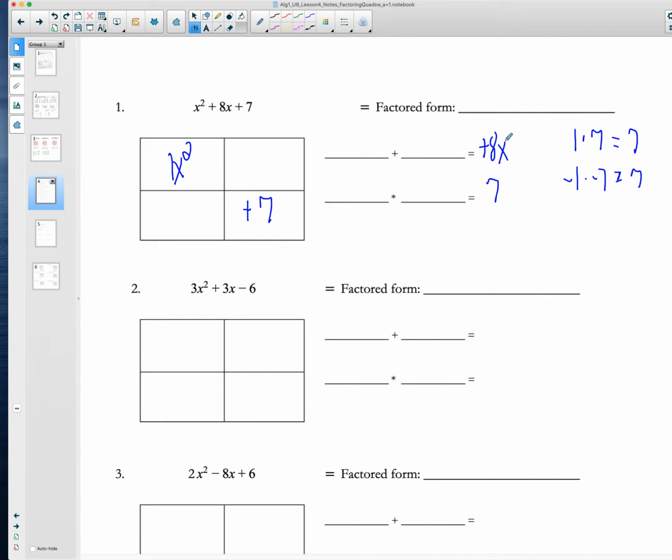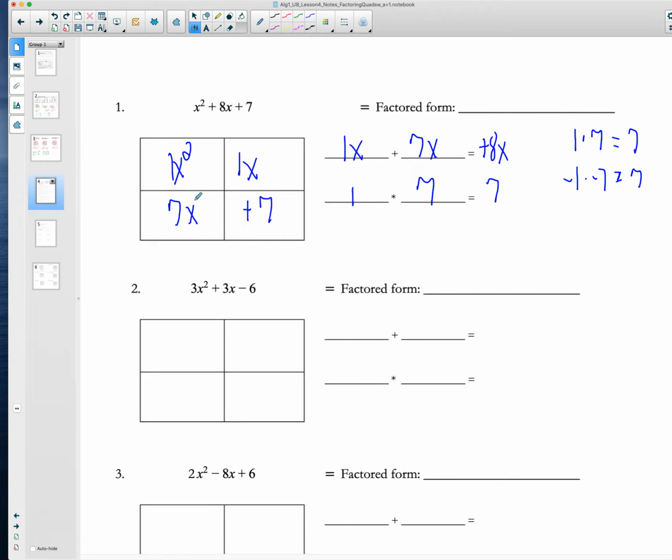And so notice, we want to get to positive 8. So that means we're going to want this set of factors here. So notice, 1 times 7 is 7, and 1x plus 7x would be 8x. So these are the two numbers we want to go in these boxes. So we have a 1x and a 7x.